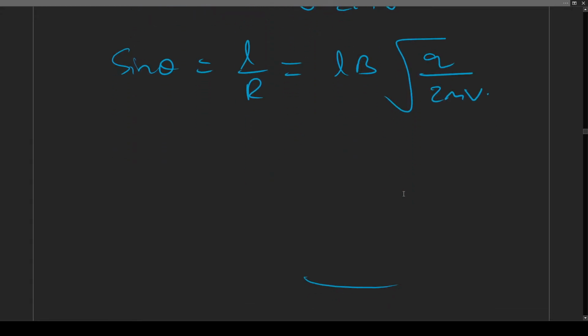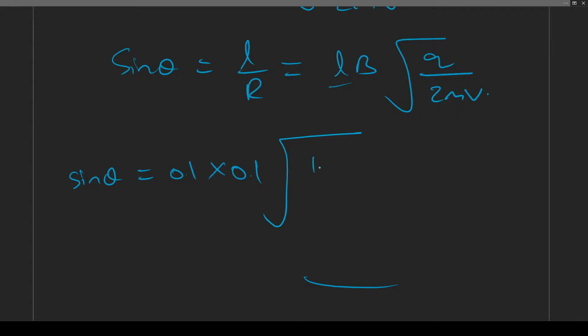And substituting the value of everything here, where sine theta is equals to length 0.1, magnetic field is 0.1 Tesla, root of charge, which is equals to 1.6 into 10 power minus 19 times, I guess, 4, or wait, no, it's not 4.